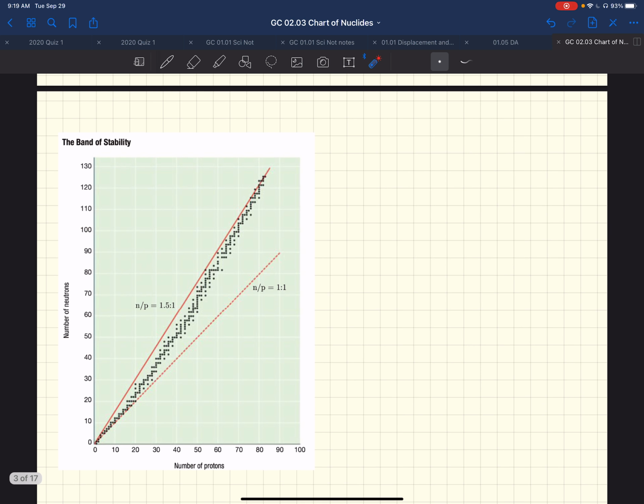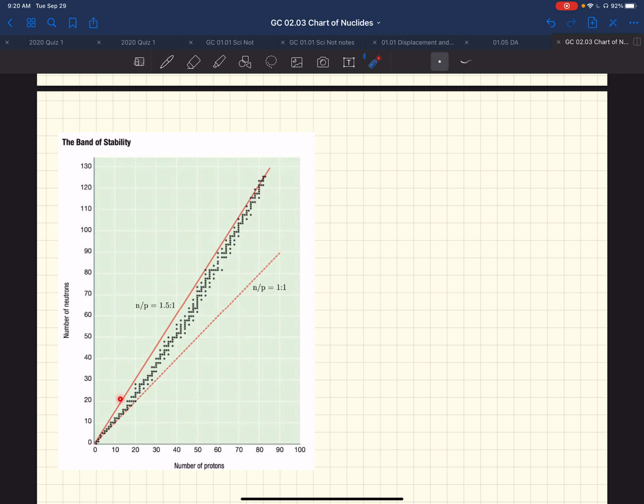And what's interesting is that if you take the number of neutrons and you divide them by the number of protons, and then you graph them for all the stable isotopes of all the elements, they form this little band here. And we call this the band of stability.